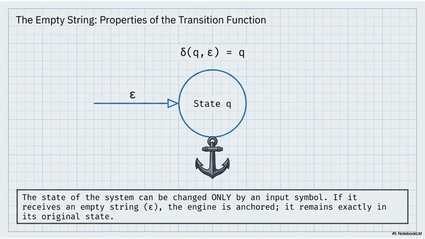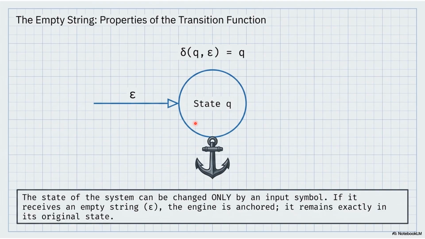The next slide is the empty string property. The empty string is represented by epsilon. When the DFA receives an empty string, it remains in the same state, that is, there is no input symbol. If there is no input symbol, it's an empty string.